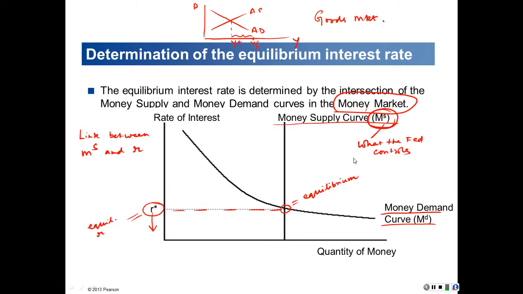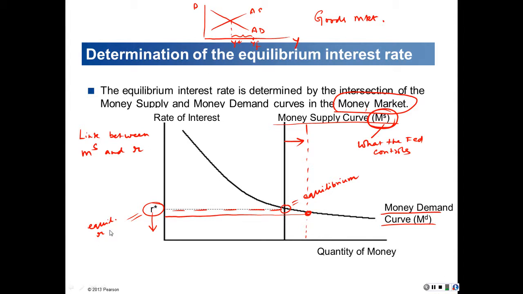So you tell me, by looking at this diagram, what would the Fed do to the money supply to cause the equilibrium interest rate R star to fall? Yeah, exactly, increase it, because increasing the money supply will shift this supply curve to the right like that, correct? And so we would have a new money supply curve like this. There would be a new equilibrium here, which would translate to a lower equilibrium real interest rate. You see that?